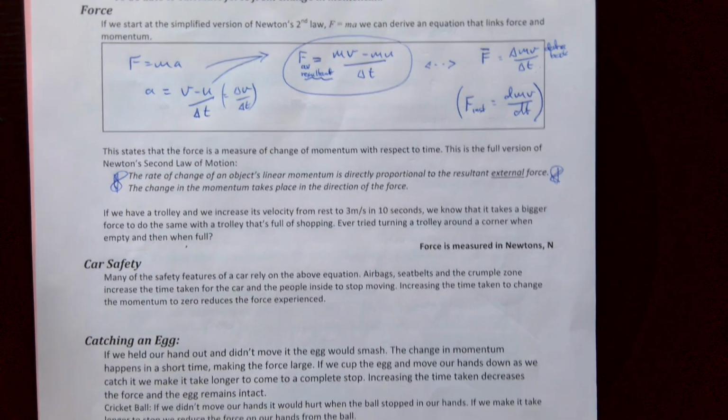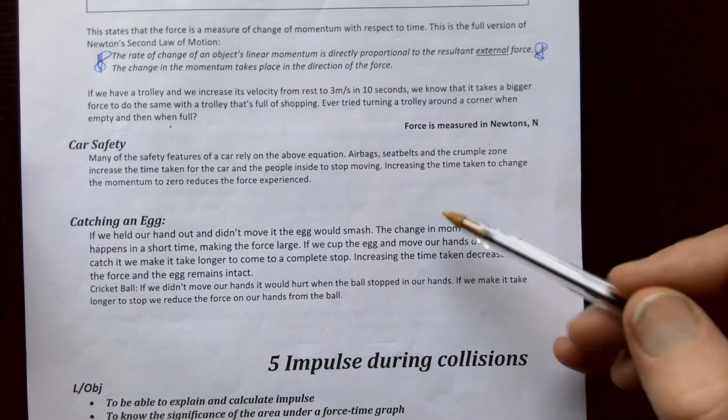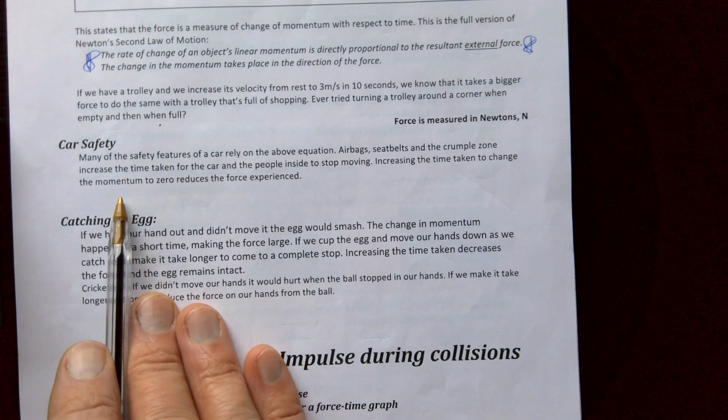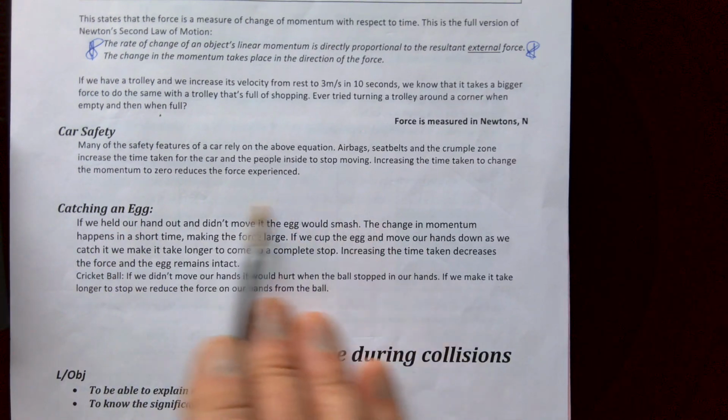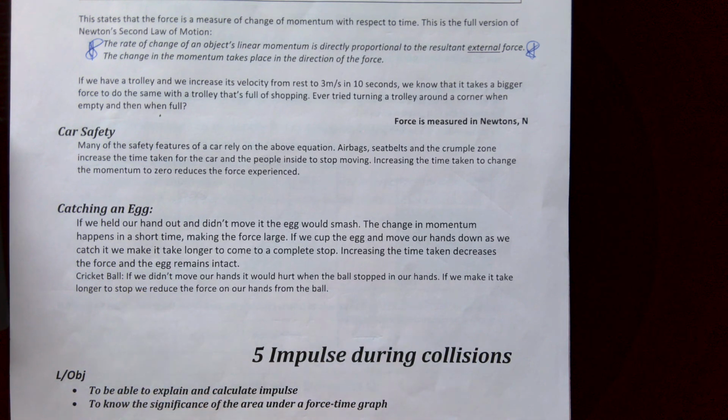If we want to take it a slightly different way, okay, I got a bit 3D here, let's skip past that. That's all to do with car safety, and it's the idea that basically you are like an egg. So if you were catching a cricket ball, it would hurt because it has a lot of mass, it has a lot of momentum, and it's very hard. So that will hurt if you catch it instantly.